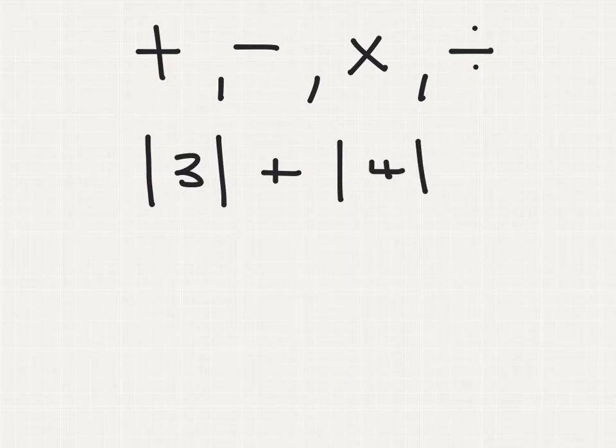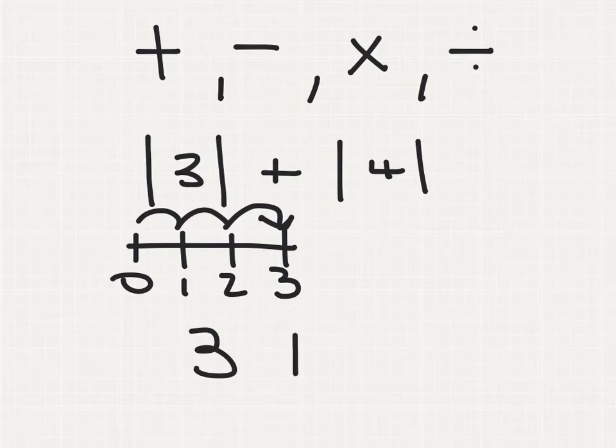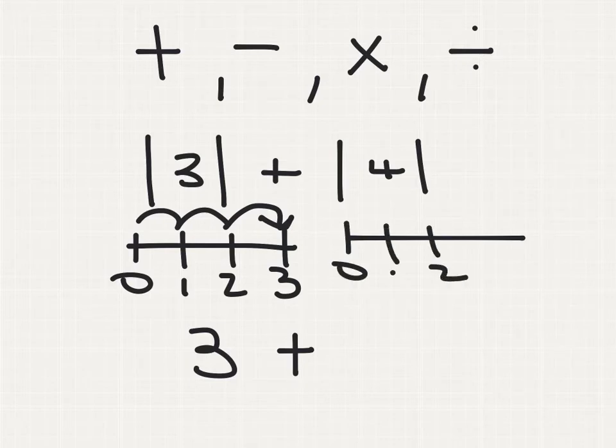Well, we know on a number line we can measure the distance of the number 3 from 0. 1, 2, 3. So we know the absolute value of 3 is 3. Added to the absolute value of 4. Once again, we know on a number line we can measure the distance of the number 4 from 0. It's 1, 2, 3, 4.